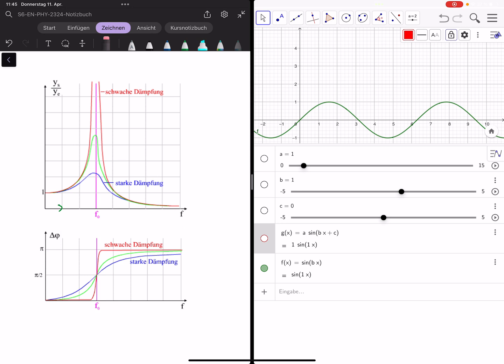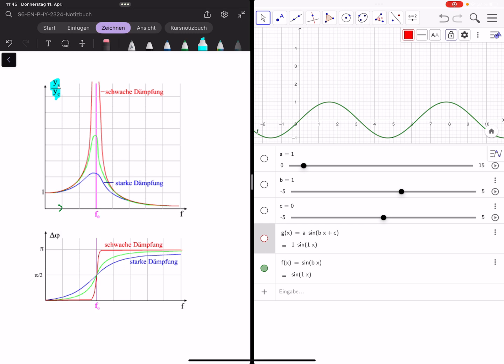So coming back to the graphs that we see, on the first one we have YS and YE, so this is the amplitude of the swing divided by the amplitude of the exciter. And here we've got the frequency of the exciter.